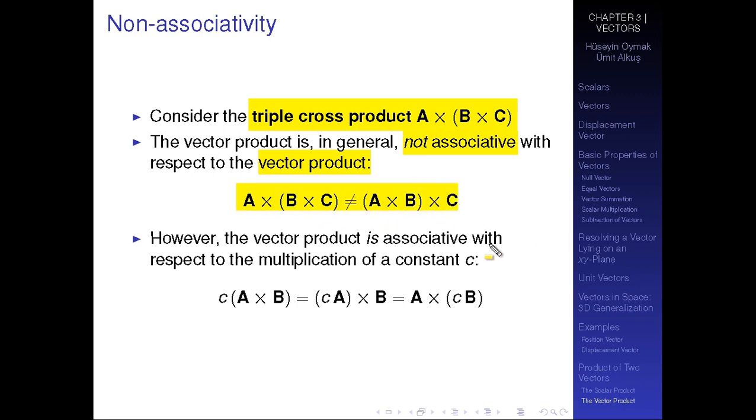However, the vector product is associative with respect to multiplication by a constant c. That is, c(A × B) is equal to (cA) × B or A × (cB).